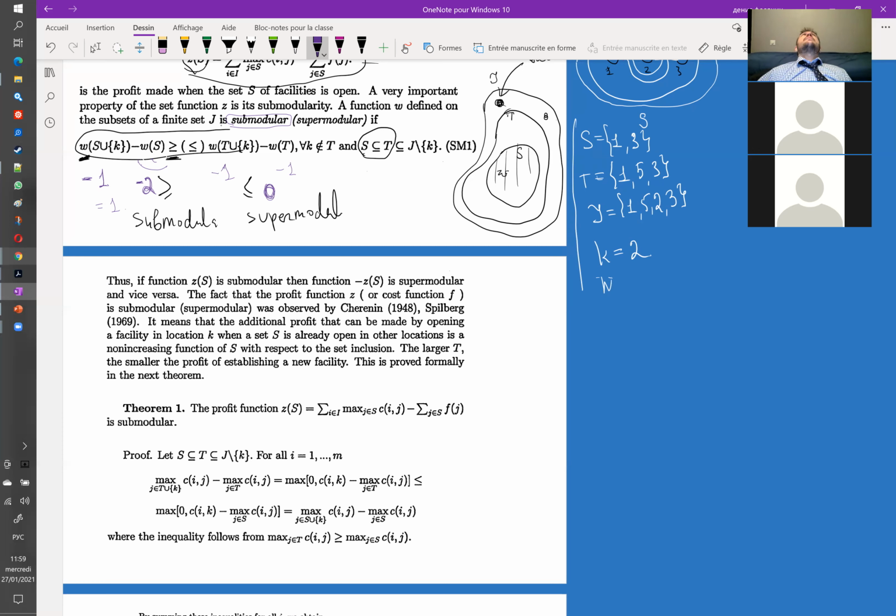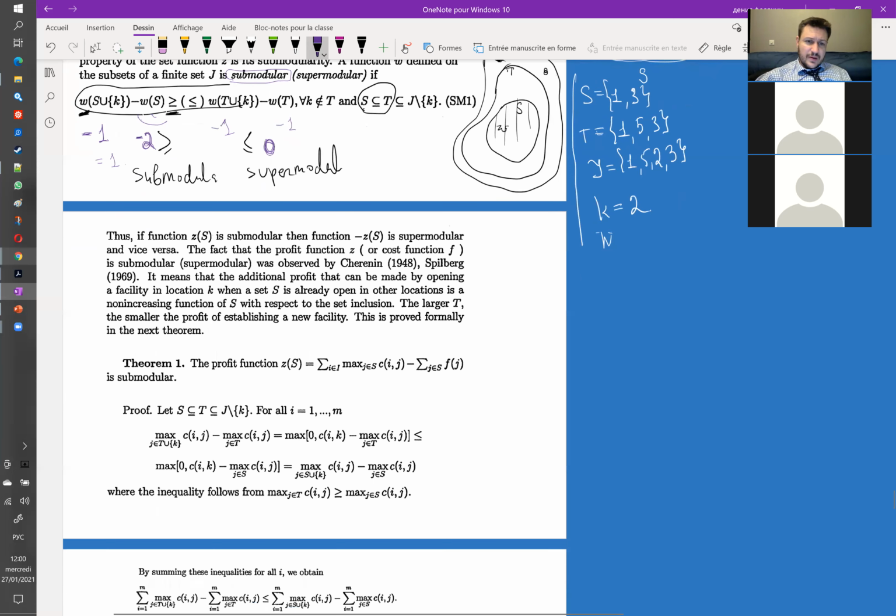I mean, the problem if we have a submodular function and the problem if we have a supermodular one are different. So complexity is not the same. Okay, and it was found many years ago, about 60 or something. It's a very old problem.